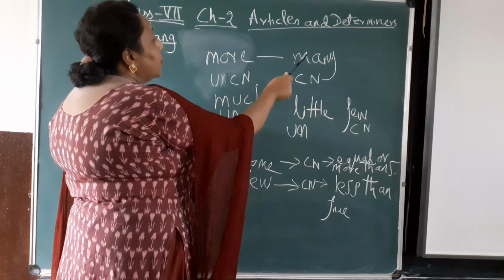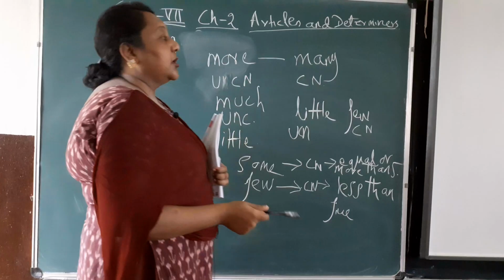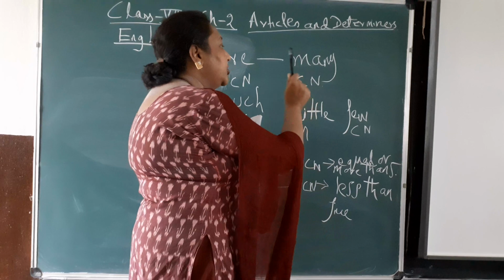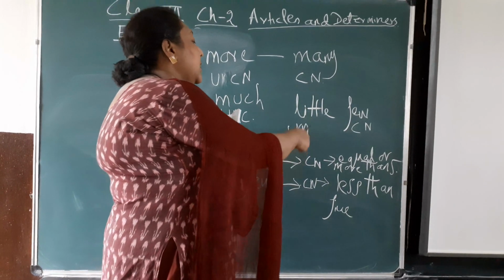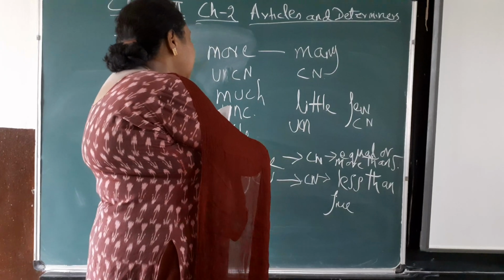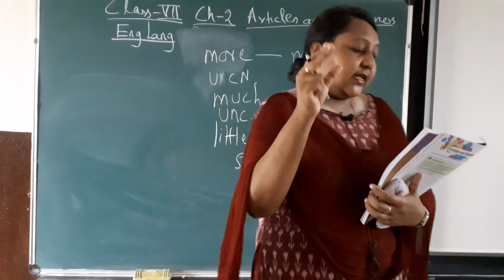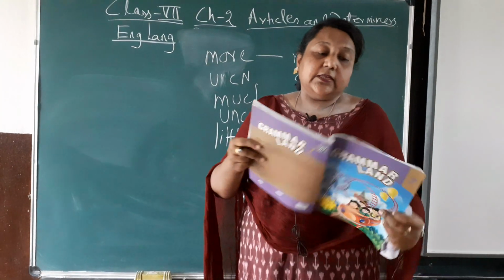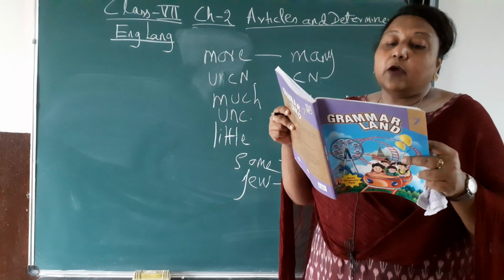And here, more is for uncountable nouns and many is for countable nouns. Much is also uncountable, whereas little is also for uncountable nouns. These all are uncountable. So, a chart has been given there at one side where it is written quantifiers.